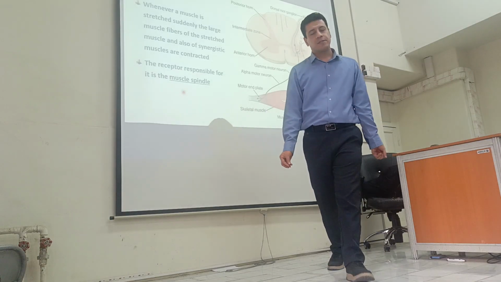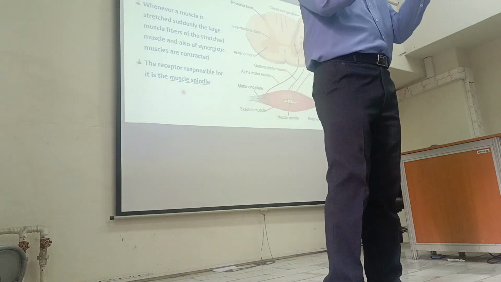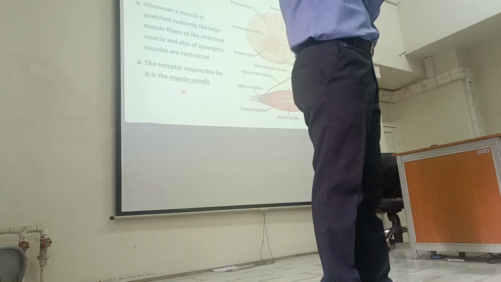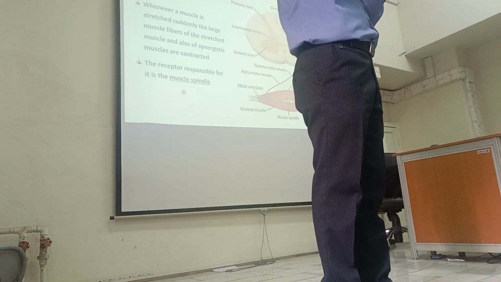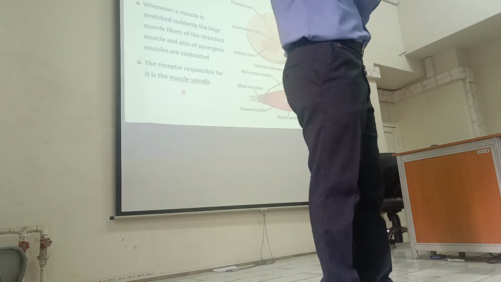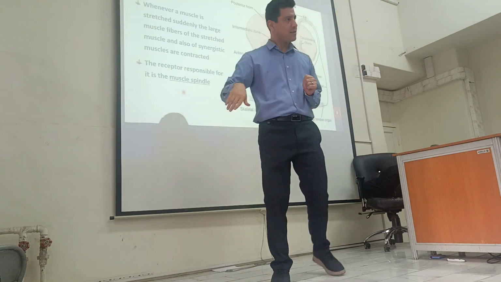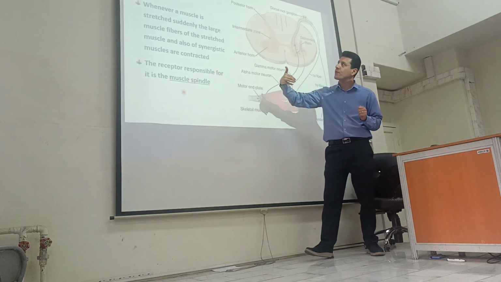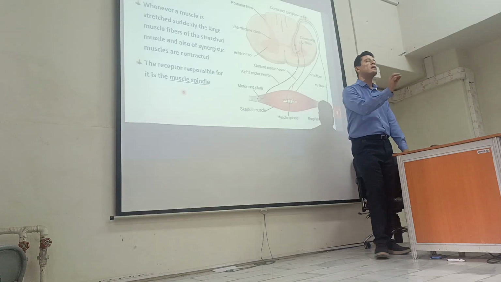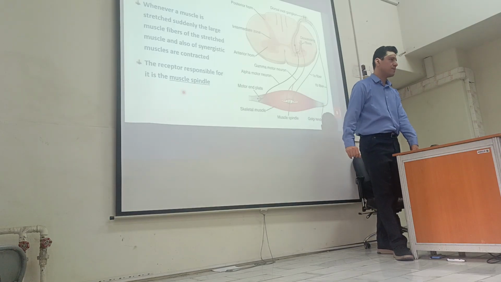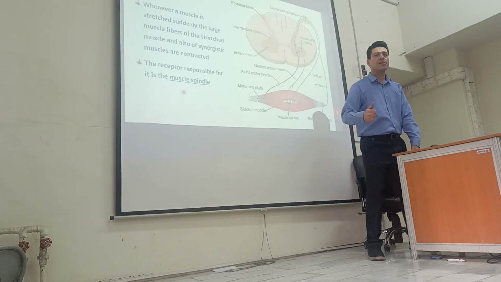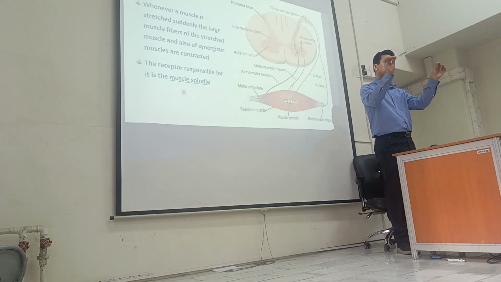So now let's talk about reflexes. I told you that we have reflex movements, rhythmic movements, postural movements, and voluntary movements, right? So now let's start with reflex movements. The first one is the stretch reflex. Stretch reflex means if you stretch a muscle, it contracts.